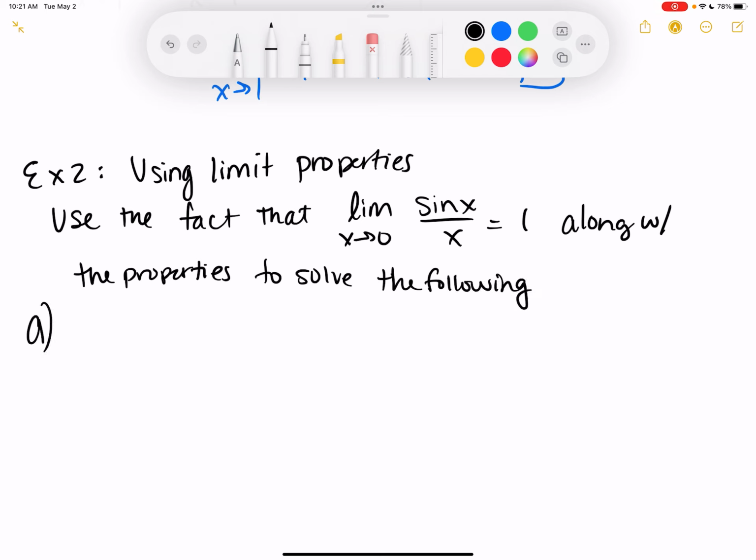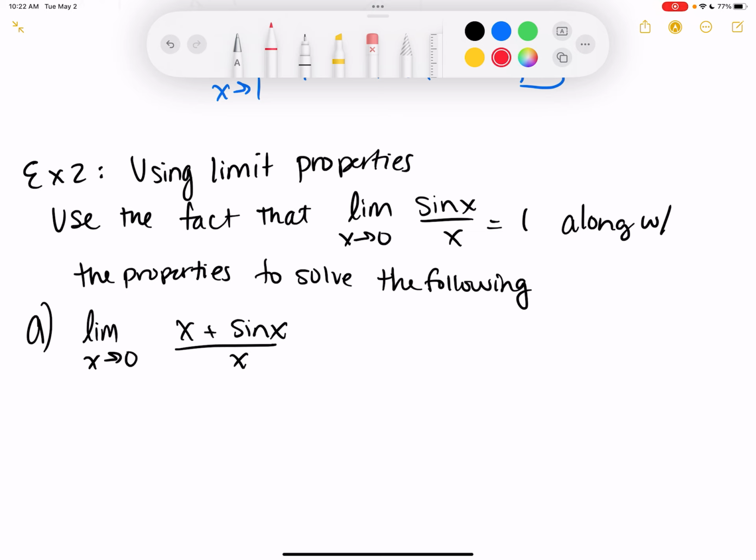So the first one, we're going to do 3, but the first one is the limit as x approaches 0 of x plus the sine of x over x. Would you agree that if I have x plus the sine of x over x, I can split it and write x over x plus sine of x over x?